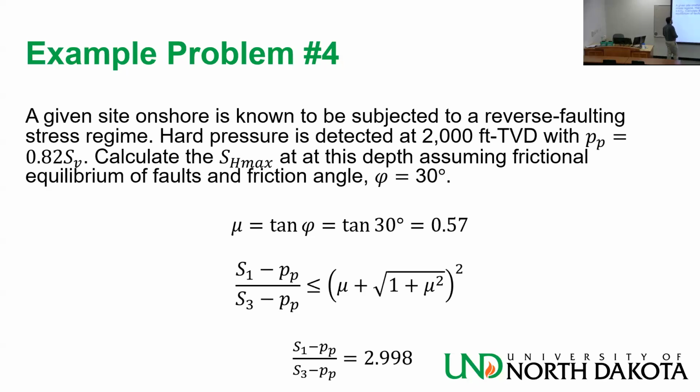Calculate the SHmax at this given depth, assuming frictional equilibrium of faults and a fault frictional angle of phi equals 30. Now, same equation, same mu. So the right-hand side of the equation remains the same, I don't need to change anything, 2.998. But what about the left-hand side? What is S1 now? I have reverse faulting.